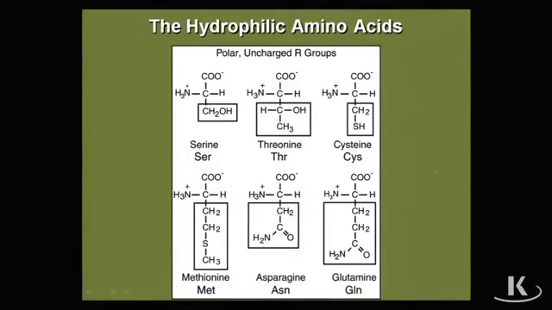The last group of hydrophilic amino acids doesn't have any positive or negative charges on the side chain. And you can look at them two by two. I always like to lump together serine and threonine because they each have that OH group in the side chain. Having an OH group in the side chain, it will be a site for O-glycosylation.